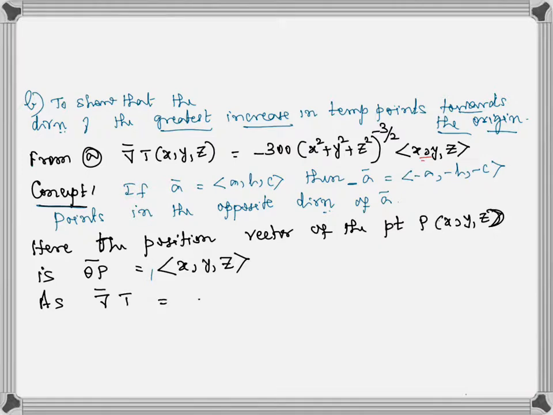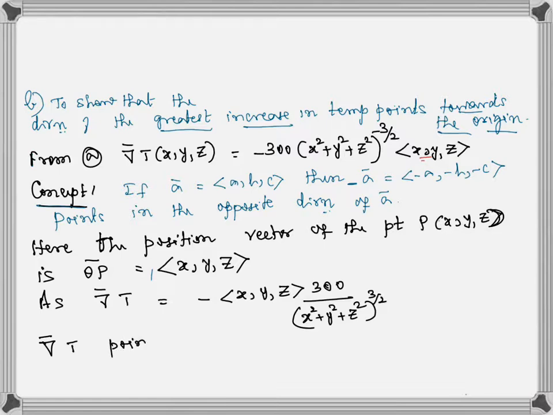As del t, the gradient vector, is negative of x, y, z times 300 over x square plus y square plus z square to the power 3 halves, obviously, this points towards the origin. So, vector del t points towards the origin. In fact, the vector OP and vector del t are in the opposite directions.